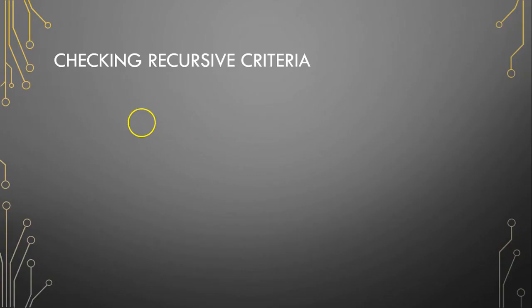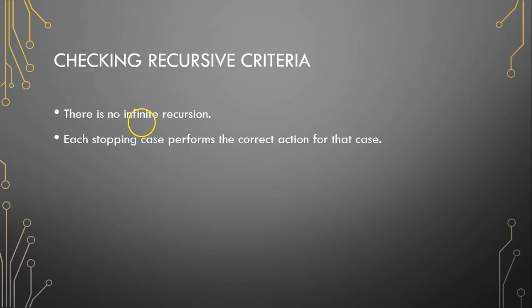So, getting back to checking recursive criteria, remember when we talked about recursion, we said there are 3 criteria for our recursion to meet. So, is there infinite recursion? No, because in this case we have a stopping case, and it successfully meets the stopping case, and the stopping case should execute correctly, and it does.